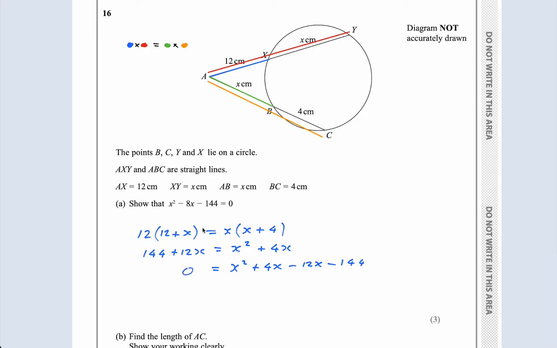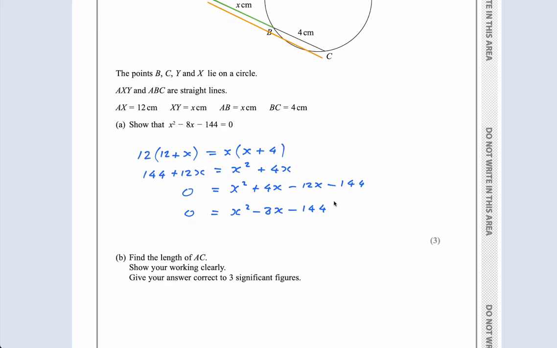What are we trying to find? This. There we go. x squared minus 8x minus 144 equals 0. We'll put it on this side. Done. Sometimes I like to write, guys, QED, which means shown.